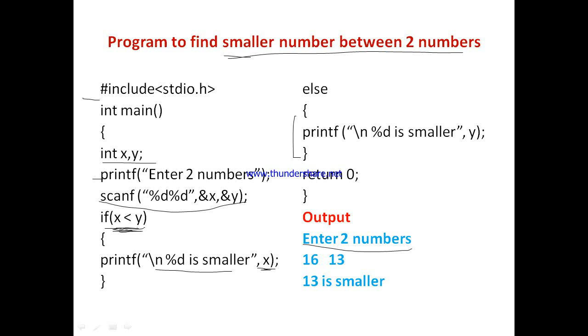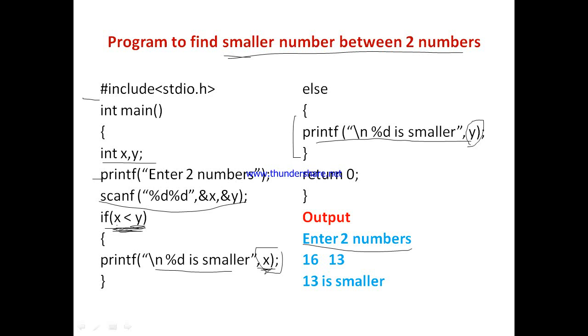When y is smaller than x, this condition becomes false, and then the else part is executed. We come inside the else block when y is smaller, so there we are printing y. And we print x here because this condition becomes true when x is smaller.